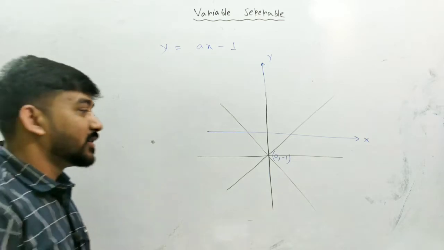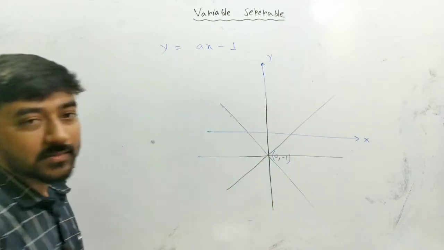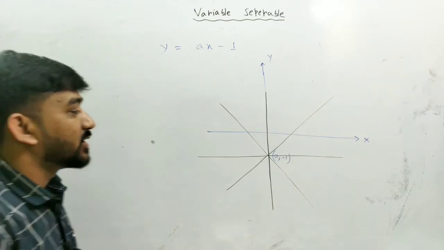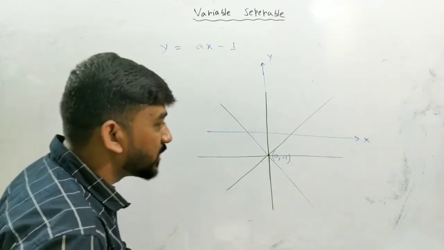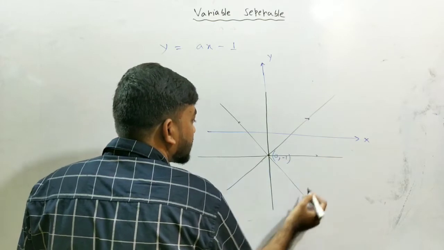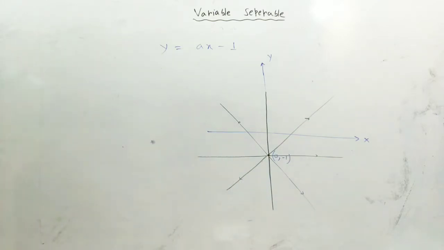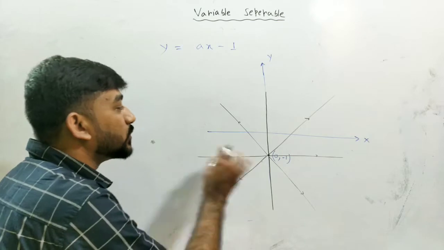If you want to compare this diagram with the physical situation in electrostatics, then if you put a point charge over here, you can take these straight lines as electric field lines.